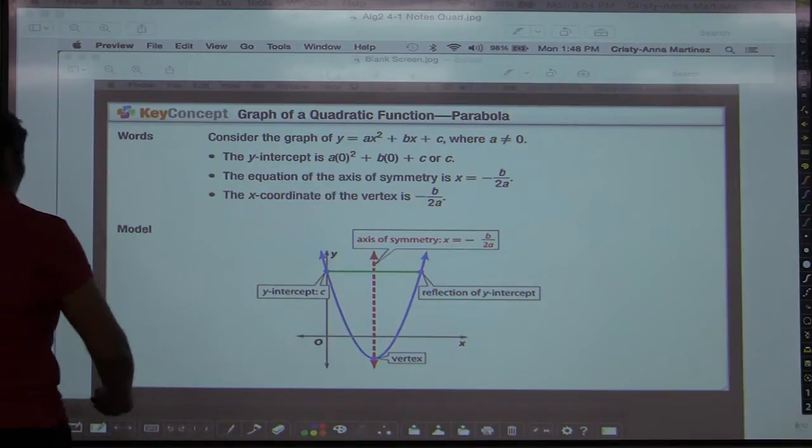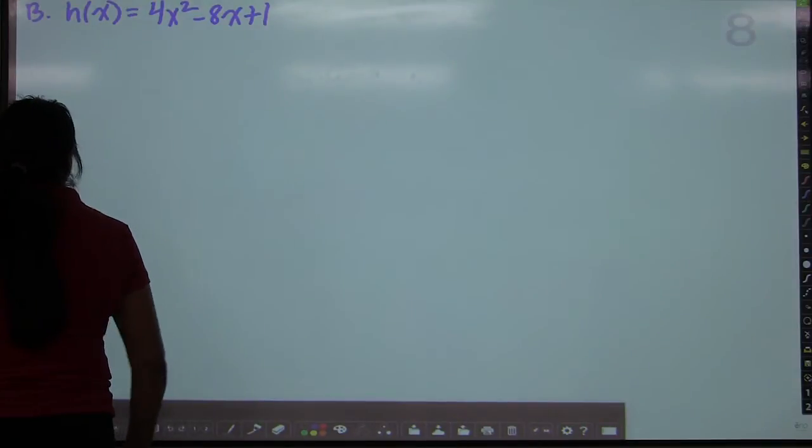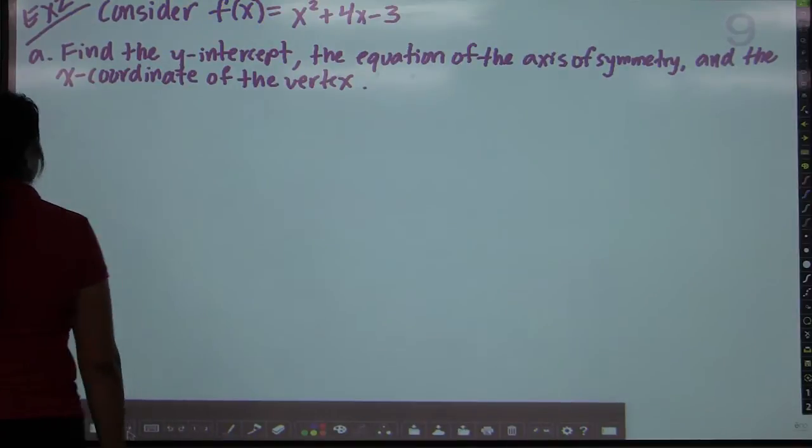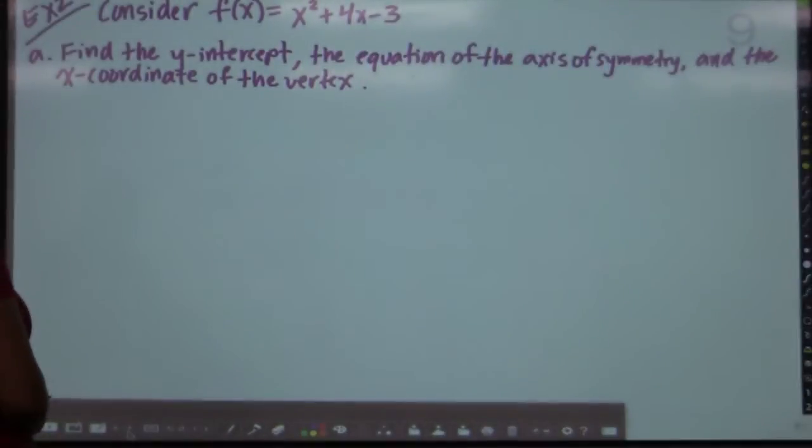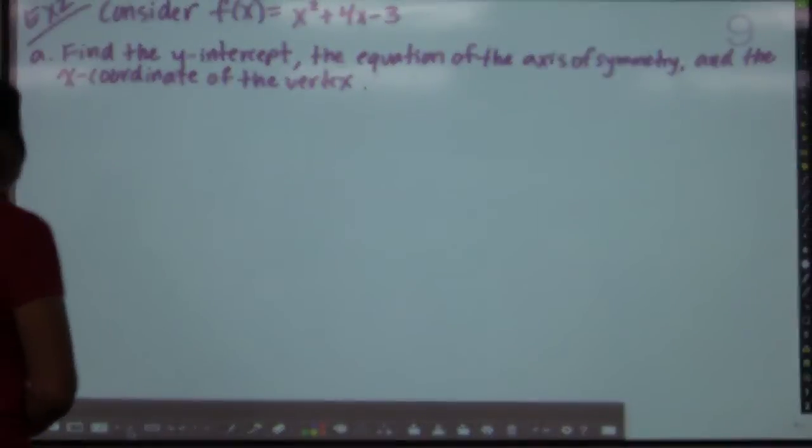So now we're going to go on to our example 2, and it says consider f of x equals x squared plus 4x minus 3. In part A, they want us to find the y-intercept, the equation of the axis of symmetry, and the x-coordinate of the vertex. So we're going to get started here by finding the y-intercept.